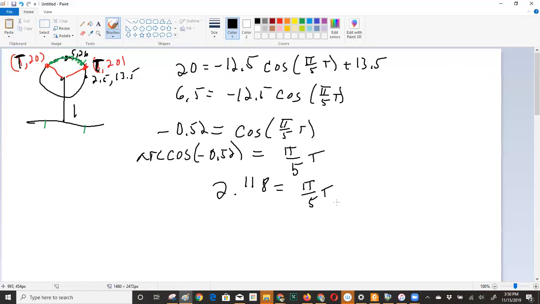And then to solve for t, let's think about this a little bit more because we're going to do some more equation solving. I know there's two places.